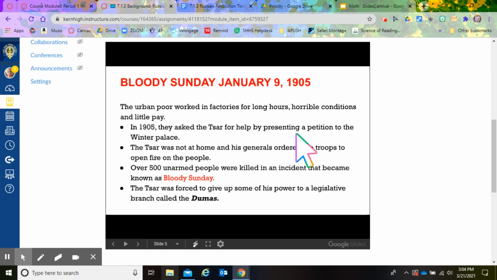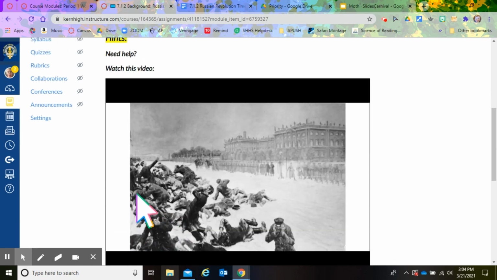They were protesting at the palace where the Tsar resided or lived, but he wasn't home, and so the generals fired on the people and had the soldiers fire. Not all of the soldiers were going to fire, but there were going to be a significant amount that do.